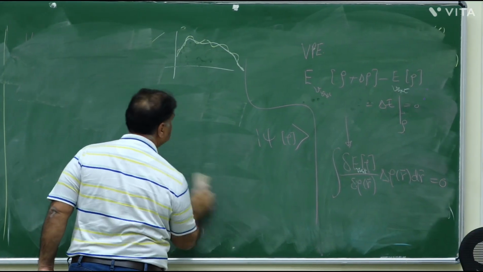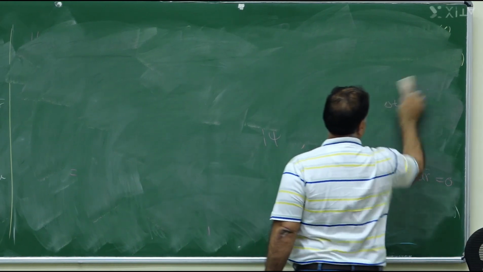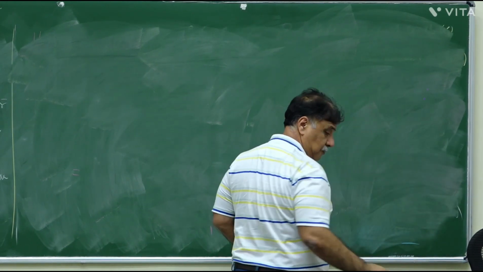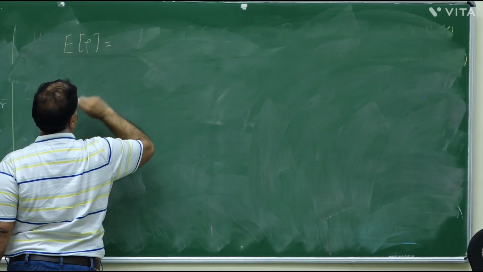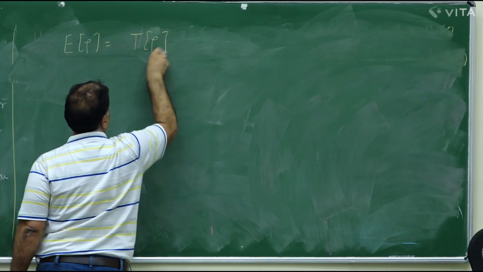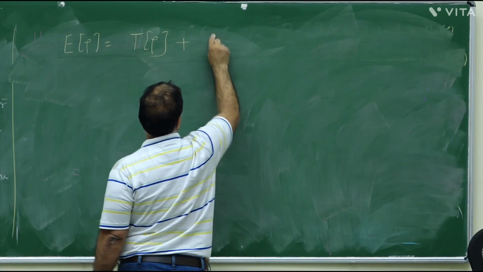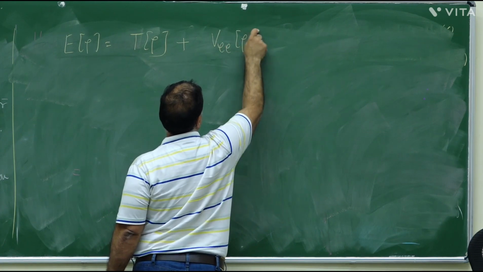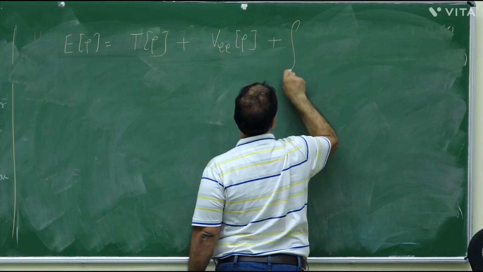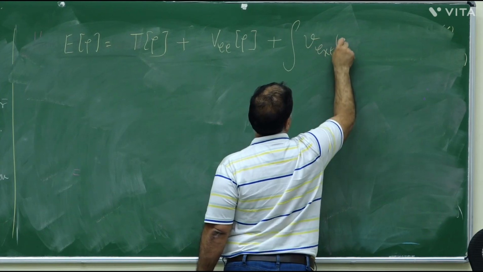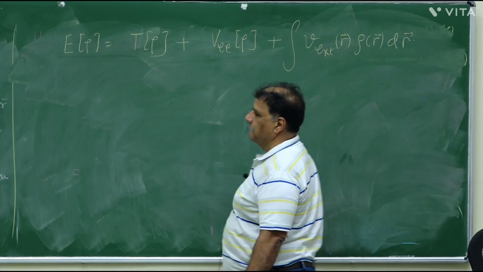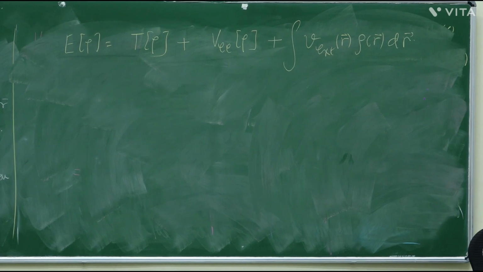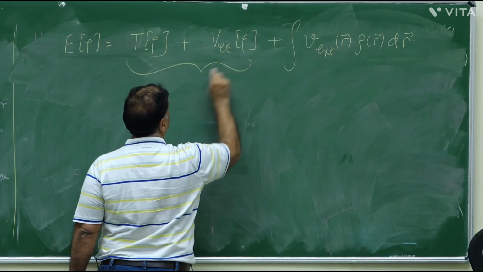Now remember, what is E? E is the expectation value of the kinetic energy operator, which will also now be a functional of rho, plus V_EE, which is also a functional of rho, plus the external potential, integral V external(r) rho(r) dr. That's my E[rho]. And this I'm going to call F[rho].